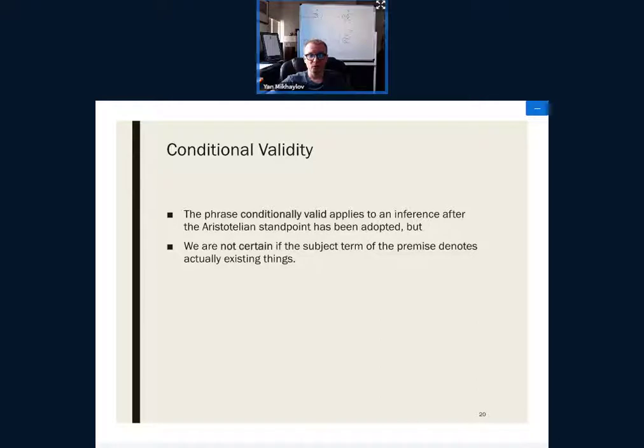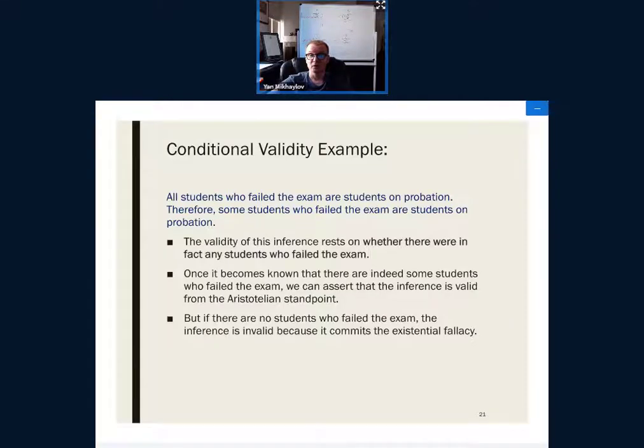Now, you may wonder, suppose we don't know if something exists. Then what? Then it would be known as conditionally valid, conditional validity. That is something we, again in the Aristotelian standpoint, can say about stuff we don't know if that exists or not. So, just an example. The exam is next week, Thursday. So suppose next week, Friday, I am not looking at the results, but I say all students who failed the exam are students on probation.